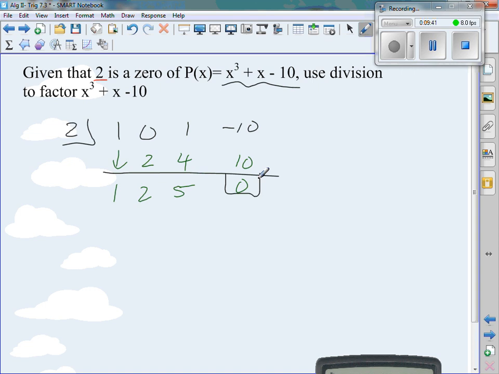I get a remainder of 0. What does this mean? It's x squared plus 2x plus 5. If I took this times x minus 2, that's what I would get. I factored it.